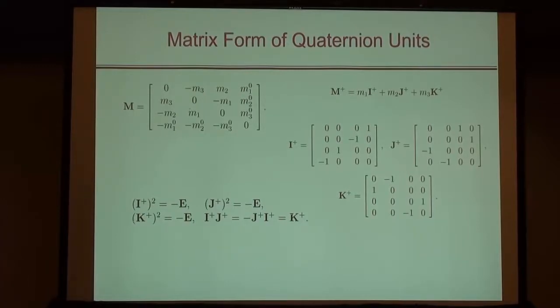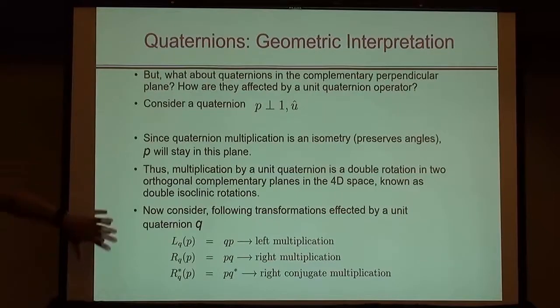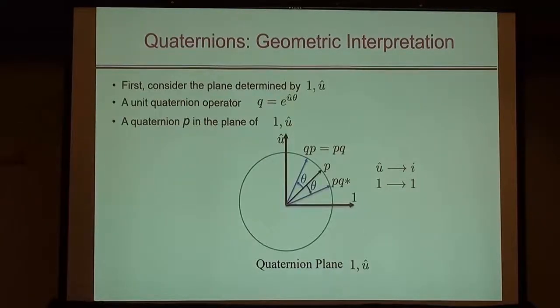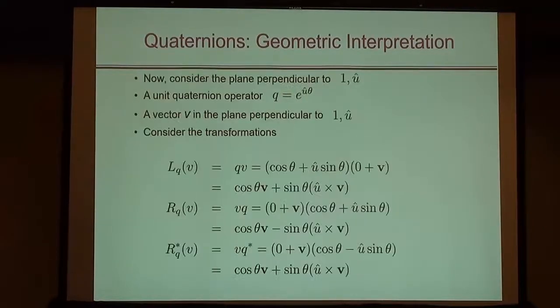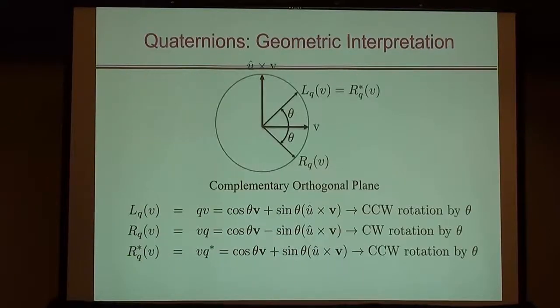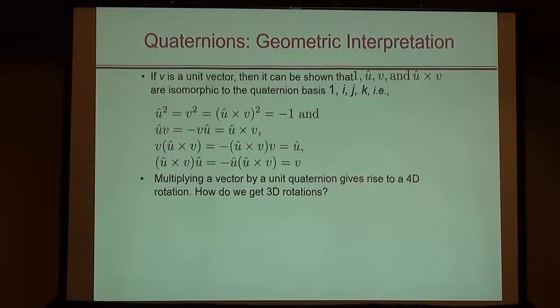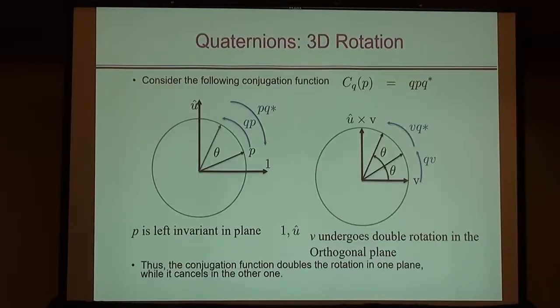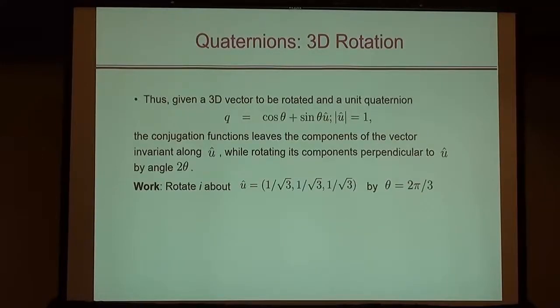That's basically what it's saying. I'm going to skip through this because it's not so easy to follow. Now the key that I want to get to is the 3D rotation.